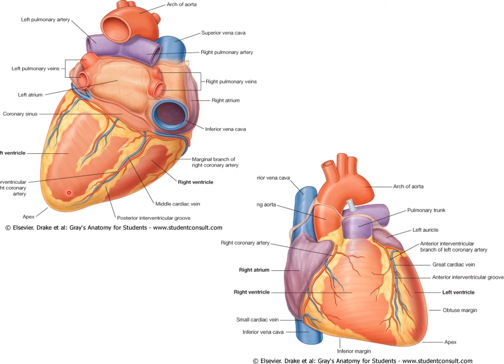It is separated from the sternocostal surface by the inferior border, from the base by the posterior part of the atrioventricular groove, and from the left surface by the less defined unnamed border, which continues backward at the inferior border.